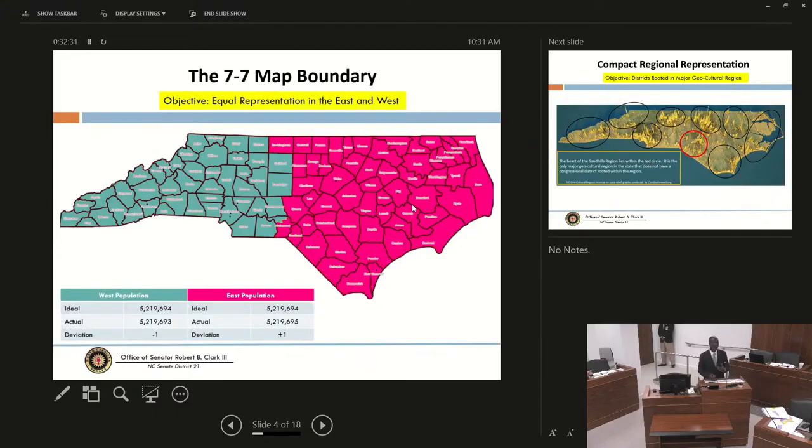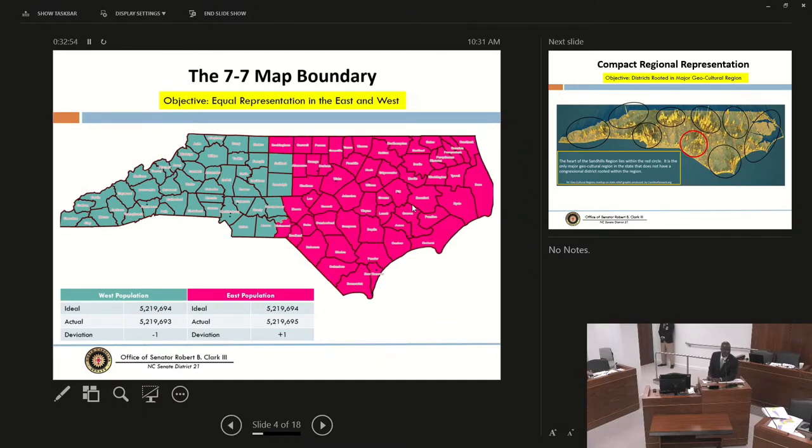And so that brings us to this diagram here. The area in the green represents the west. The area in pink represents the east. And as you can see, the actual populations are quite similar. As a matter of fact, the deviation between the two is -1 and +1, having equal populations in the west and equal populations in the east.